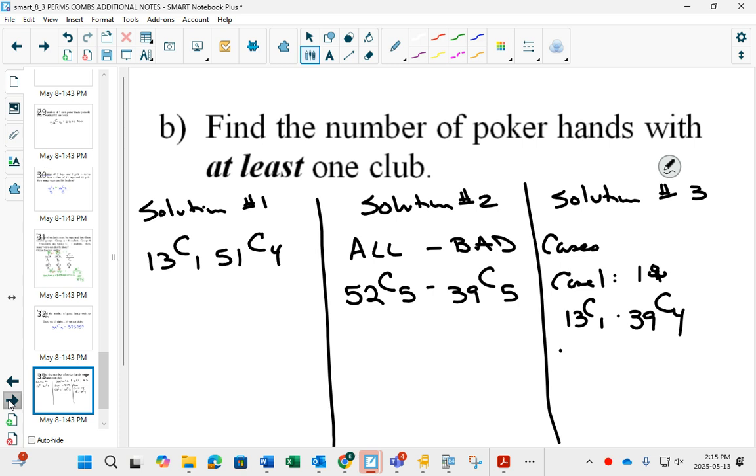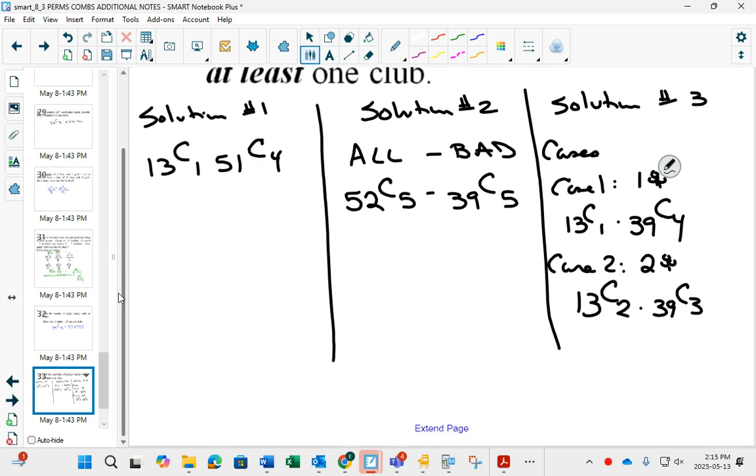If I wanted to do 2 clubs, that'd be case 2. I have 13 clubs, I choose 2 of them, and then for my other 39 cards, I only have to choose 3 more. This is a little bit long-winded, but I think you see where this strategy is going. To get at least one club, we have to do a third case with 3 clubs, which is 13 choose 3, and 39 choose 2.